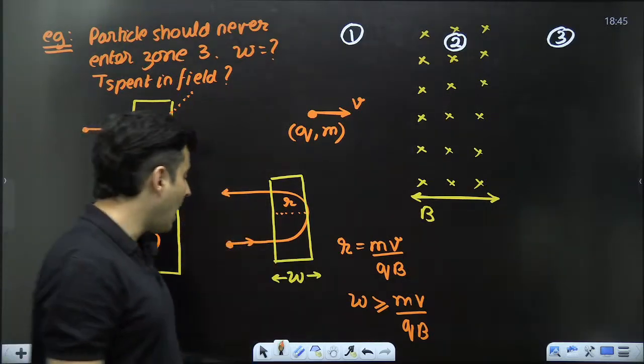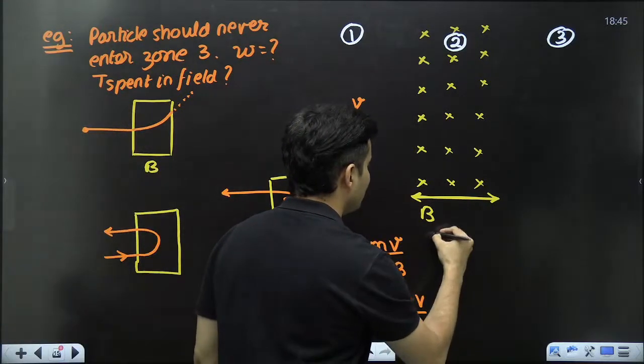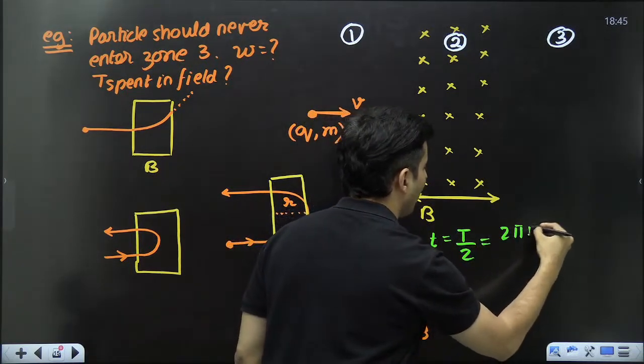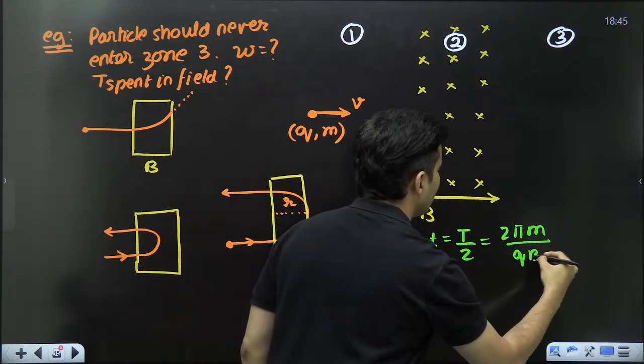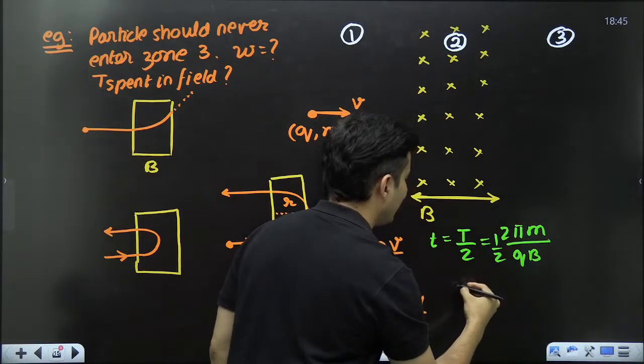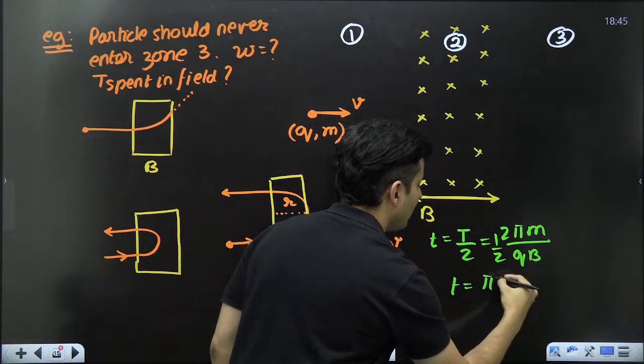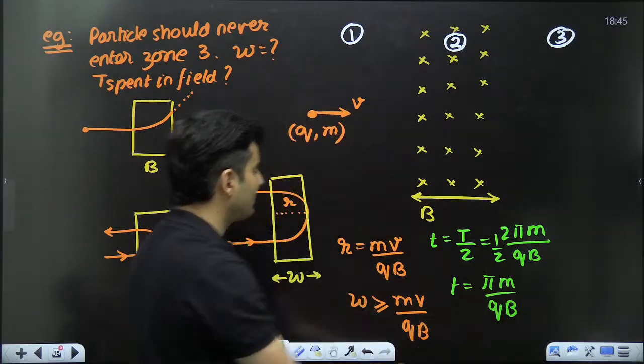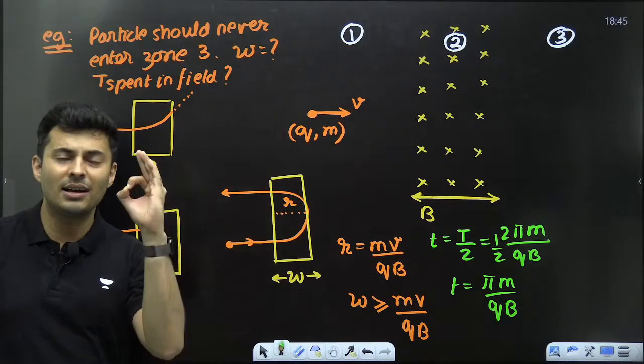That means exactly half the time. So can I say the time spent is the time period by 2? So it is 2 pi m by qB into half. So 2 will get cancelled. So the time will be pi m by qB. So that's the time which it spends inside the magnetic field, because it is a semicircle.